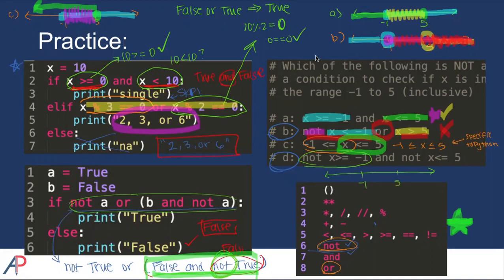Normally x is greater than or equal to -1 would be from -1 inclusive, and then you would go to the right hand side. But we want the opposite of that. The opposite would be this part right here. So this right here is not x is greater than or equal to -1.